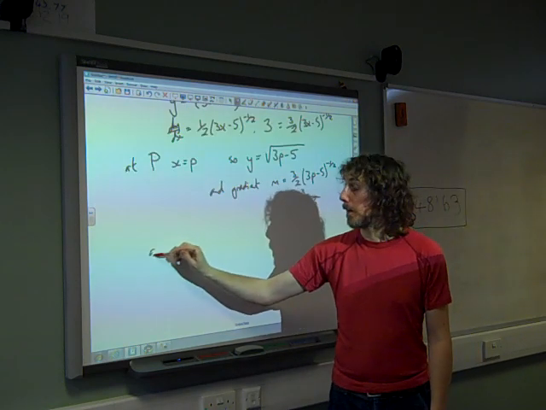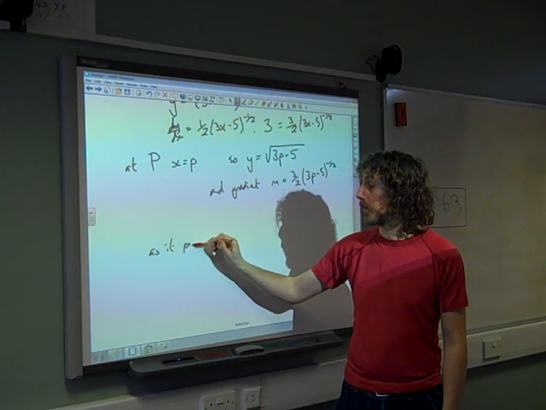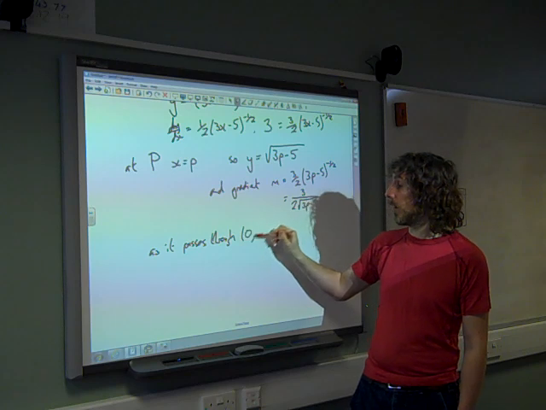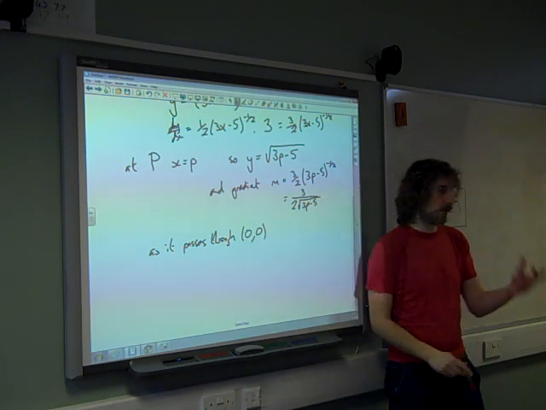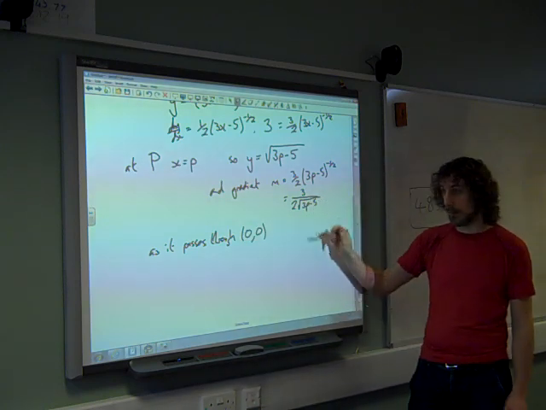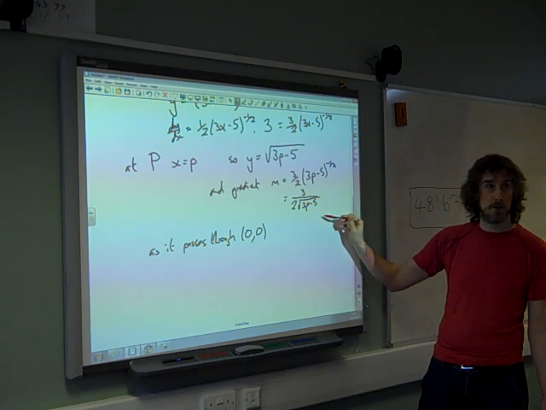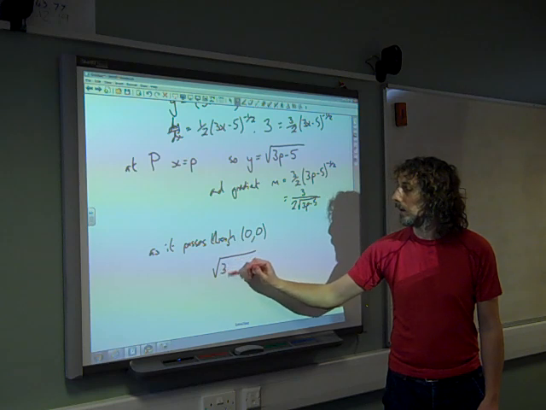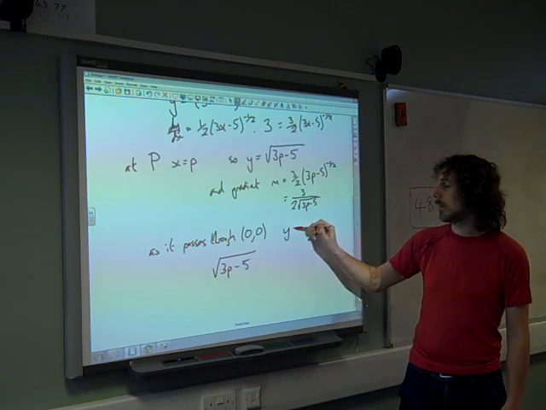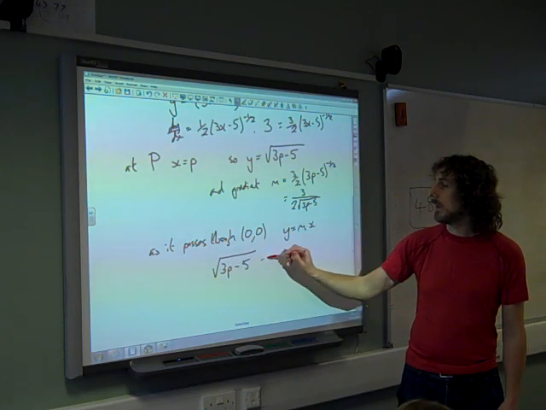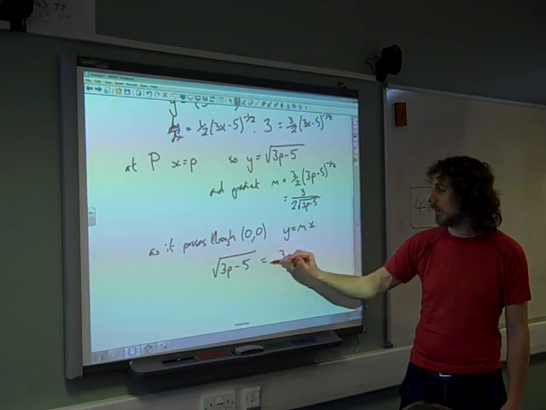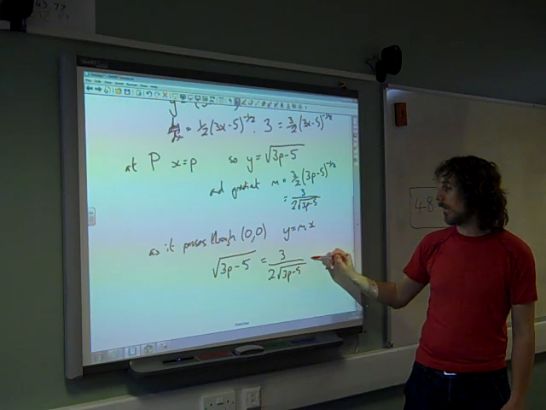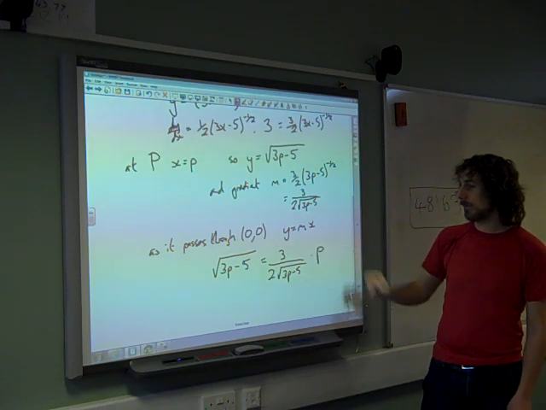So as it passes through the point 0, 0, it must be y equals mx. That's the equation, isn't it? The c is 0. So it must be that y equals m, 3 over 2 root 3p minus 5, times x, which is p.